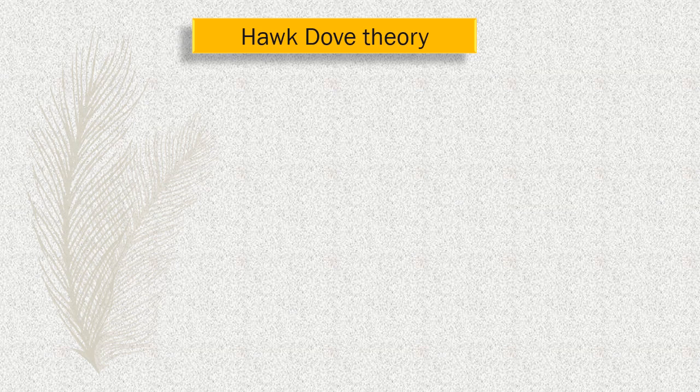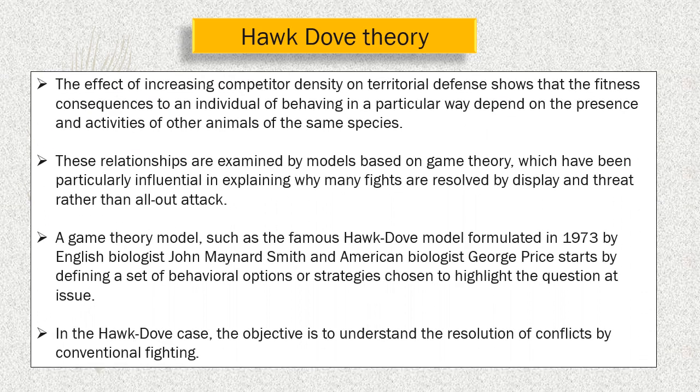Here we will discuss a model of aggressive behavior which is known as the hawk-dove model, and the theory is hawk-dove theory. A game theory model such as the famous hawk-dove model formulated in 1973 by English biologist John Maynard Smith and American biologist George Price starts by defining a set of behavioral options or strategies chosen to highlight the question at issue.